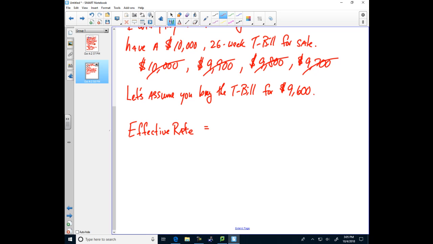You'll notice that the amount of interest you're actually going to receive is on top. The interest is on top. And then on the bottom, you're going to have, I don't know if I want to use the word principal here.